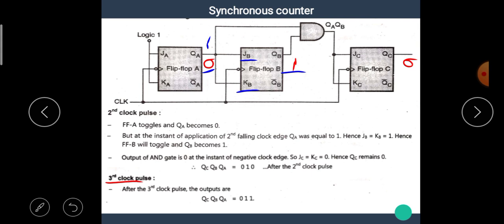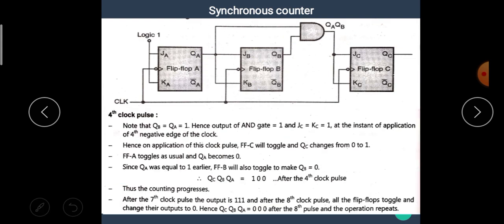Here, before the third falling edge of the clock, this product has the value 0, hence flip-flop C does not change, so it has the value 0 as it is. That means at the third falling edge of the clock we have the value 0 1 1.